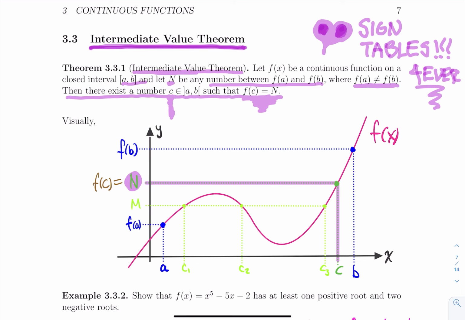You can have one, you could have more, of course. As an example, I've also done the intermediate value theorem for another number that I call big M. Here for big M, there's 3 x's, c1, c2, and c3, such that if you compute f at c1 or f at c2 or f at c3, you're going to get M again.